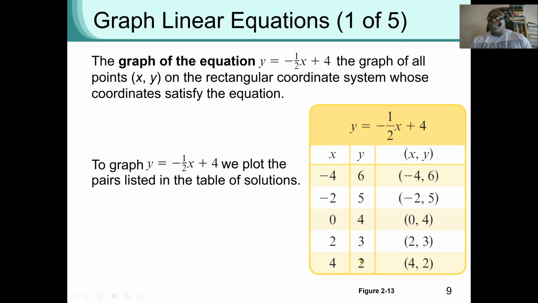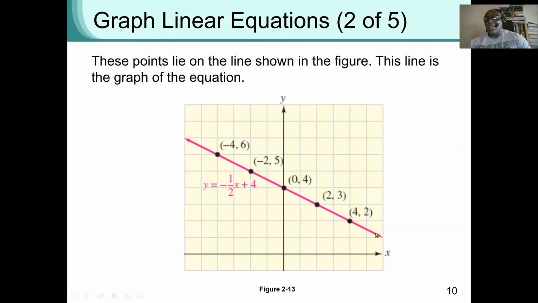So now we have a set of 5 values, x and y. From here, we can plot our graph. Again, to plot a graph of a linear equation, we come up with the input values x, find the y value, and set it up like a table. Then we construct our line.